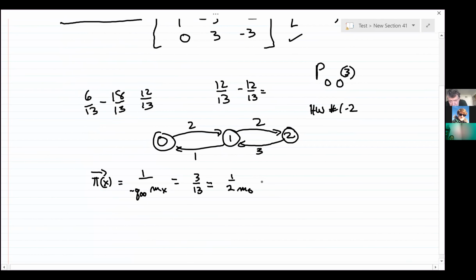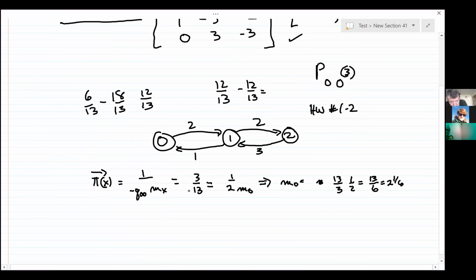This implies that m0 would be what? m0 would be equal to 13/3 times 1/2, which is 13/6, which is 2 1/6.